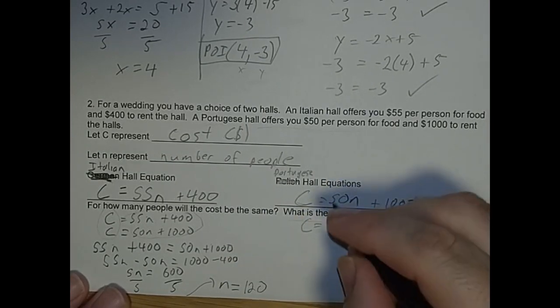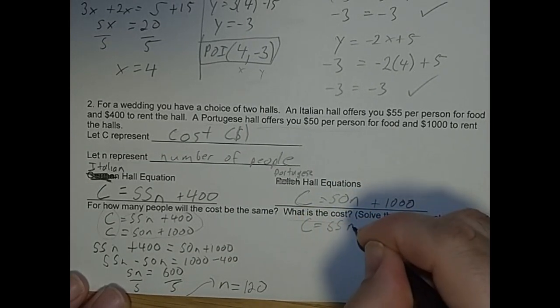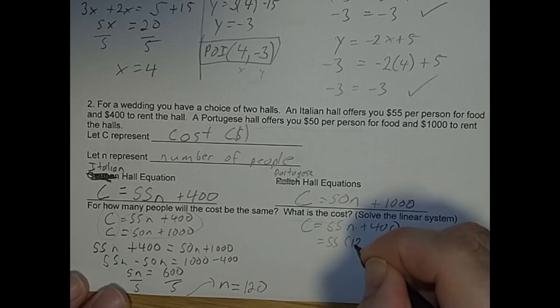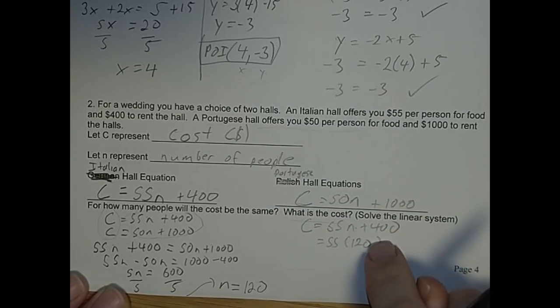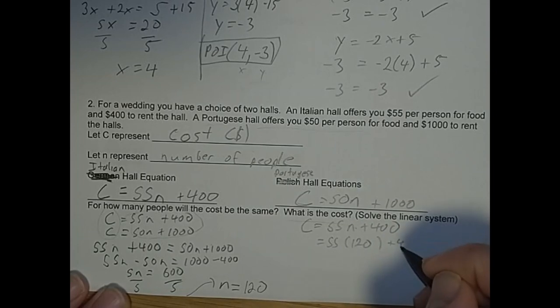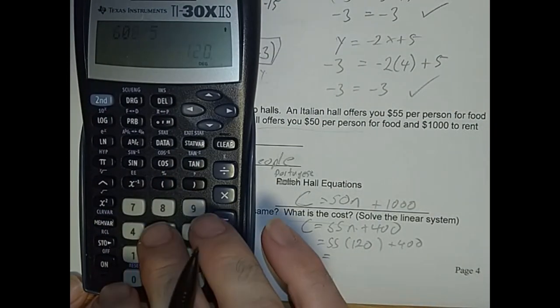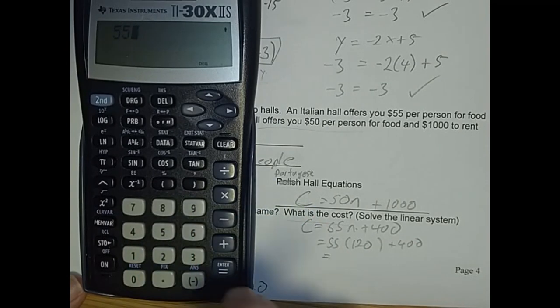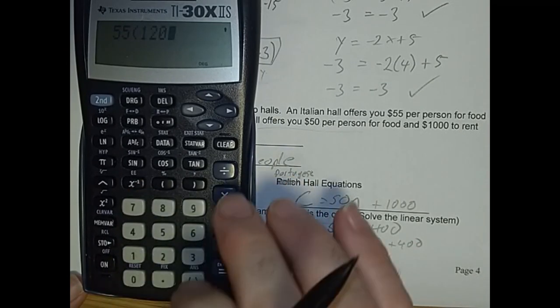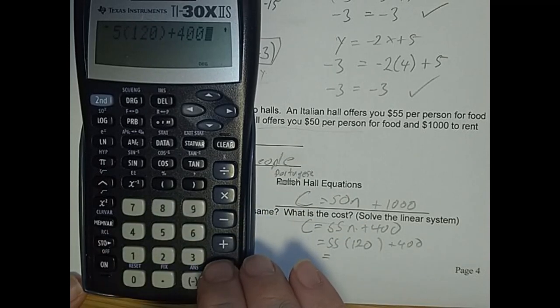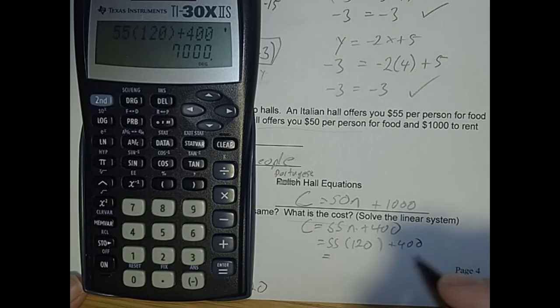So C equals 55N plus 400. We're going to put the 120 right where the N is, plus 400. Now we're going to go to our calculator. 55 times 120 plus 400 is 7,000.